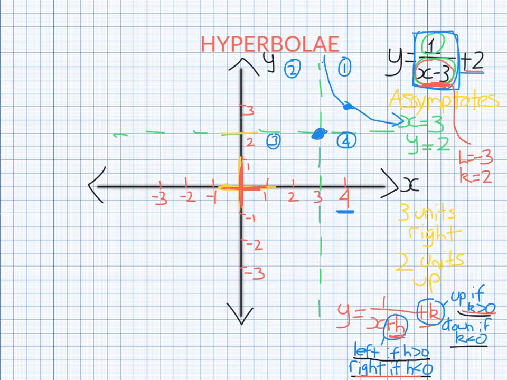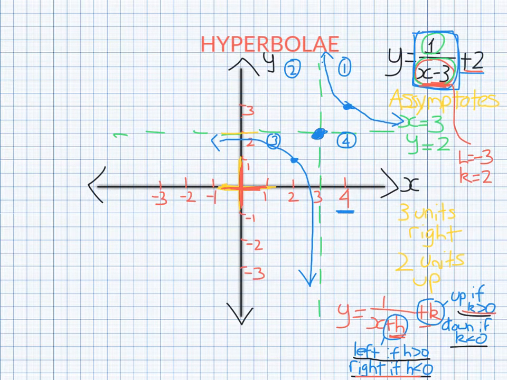It's never going to actually hit the asymptotes. So if x equals 2, y would be 1 over negative 1 plus 2. It would be 1. It would go through this point here. So other than that, it's the same as y equals 1 over x. So it's going to get closer and closer to the asymptotes, like so.